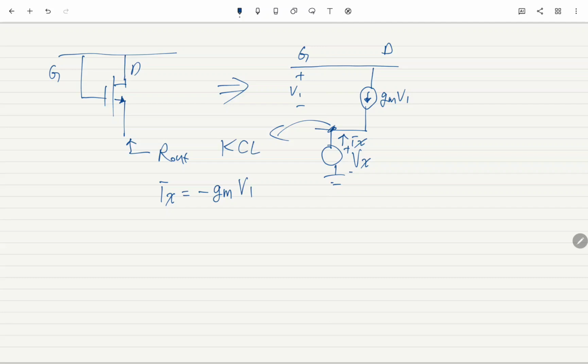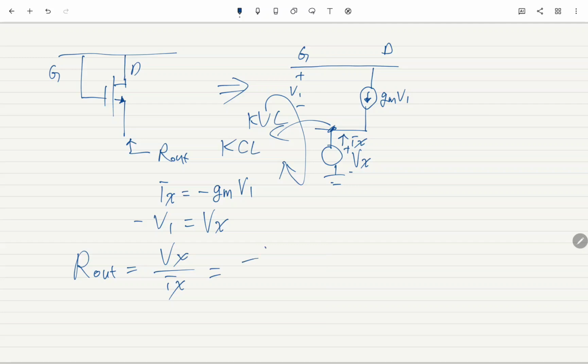Then what is the Vx expression? By KVL here, V1 is equal to negative Vx. So R out is equal to Vx over Ix, which is negative V1 over negative gm V1.